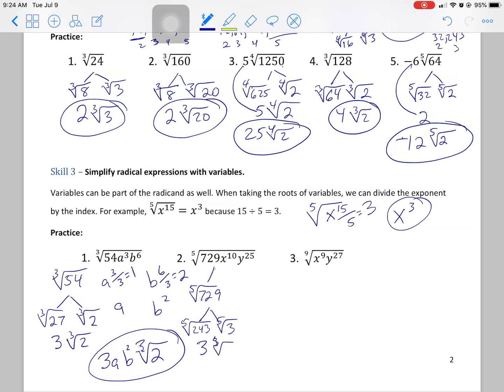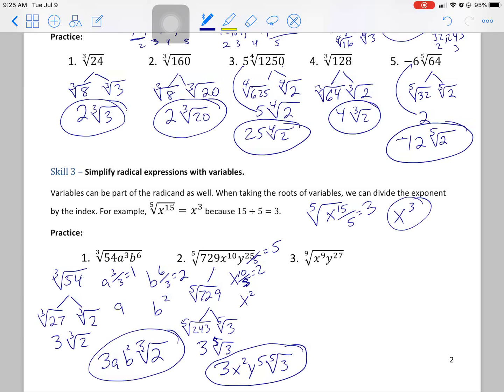Left, 5, 3. Okay, back here, x to the 10 divided by 5 is 2. So x squared comes out. Divided by 5 is 5. All right, so my final answer is 3x squared y, fifth root of 3. Pay attention to all those little numbers and get them all in your answer, okay?